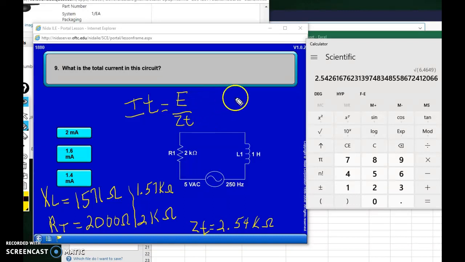So we have to divide 5 volts AC, and I'll write the units here, by, again, we can either use base units or we can use K. So let's convert 2.54K to ohms.